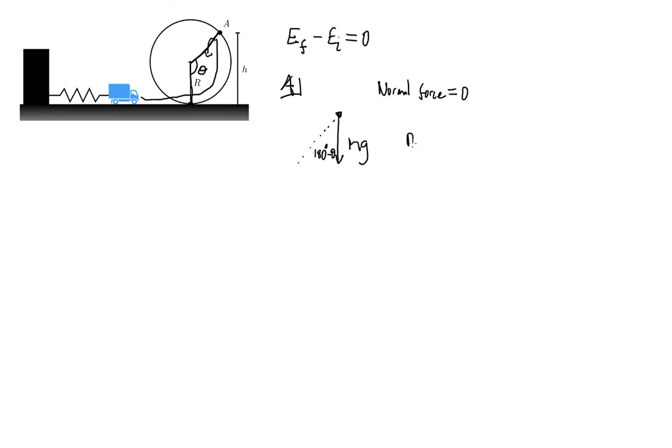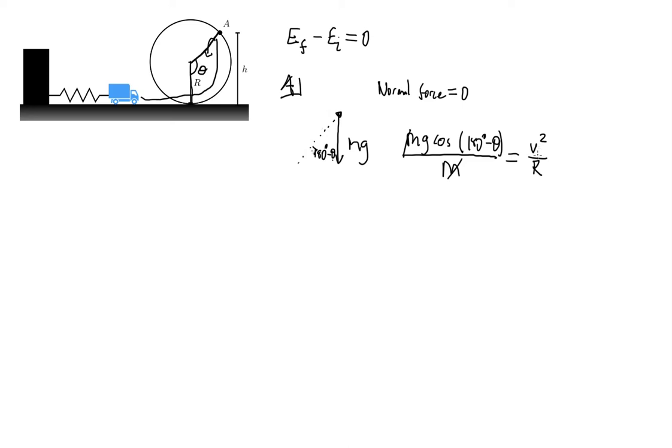And so I know that mg times the cosine of 180 degrees minus theta, divided by m, has to provide me with my centripetal acceleration, which is going to be v squared over the radius of the loop. So I can do a little canceling, and everything looks pretty at this point. So this sets up the basics here.